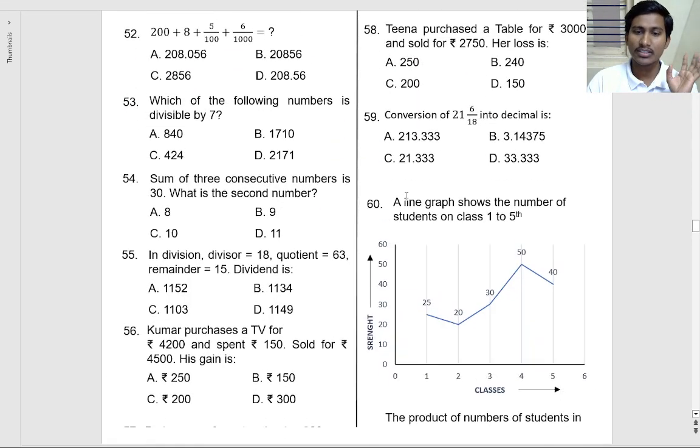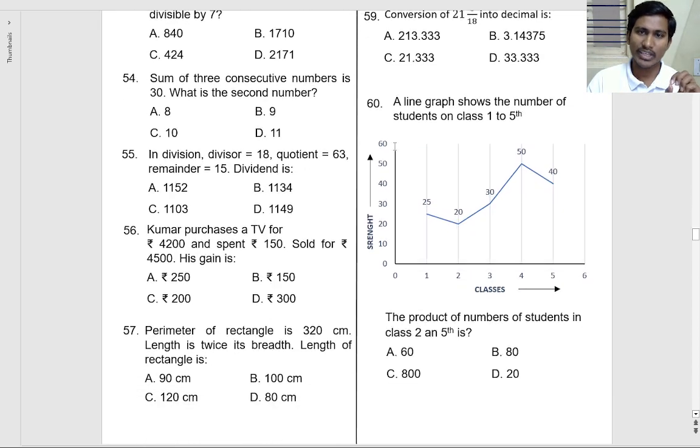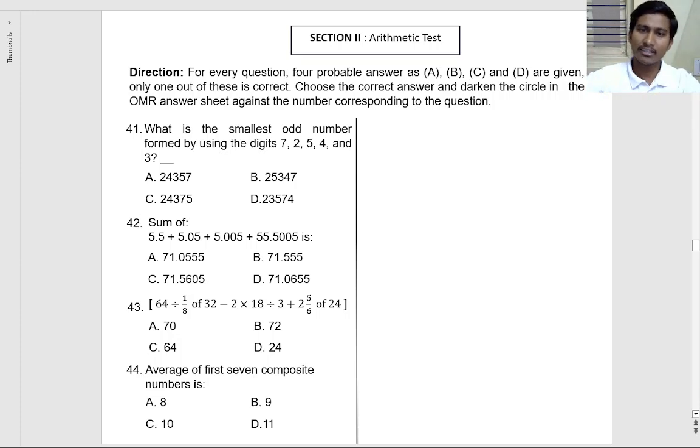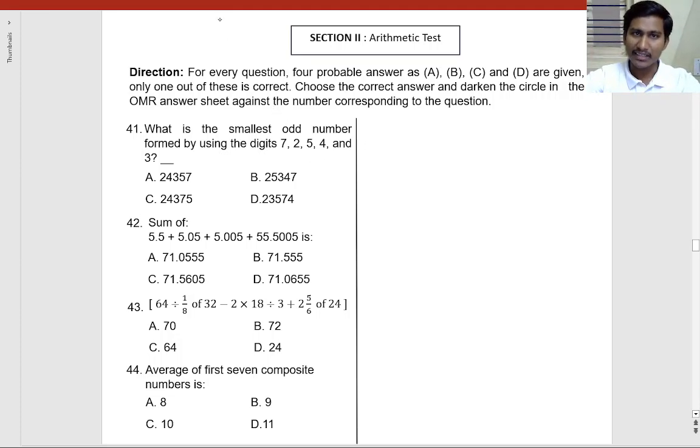So let us solve these questions and we will see. Here we will solve. I have taken a little more space because I need to explain. So let us take question 41. Here there is a little change.